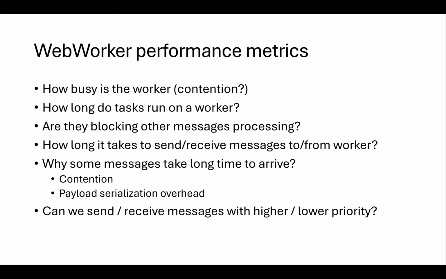We understand that sometimes people are discouraged from using web workers because they don't understand why the response doesn't come fast enough. So all the benefit of offloading from the main thread sometimes goes away with some latency that is hard to explain.